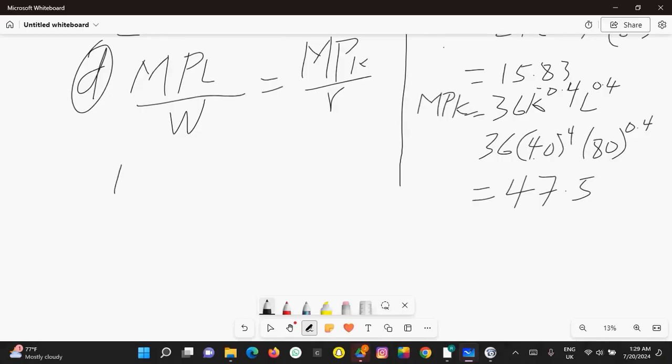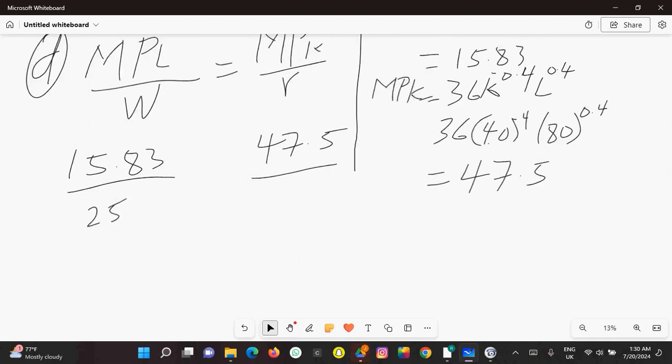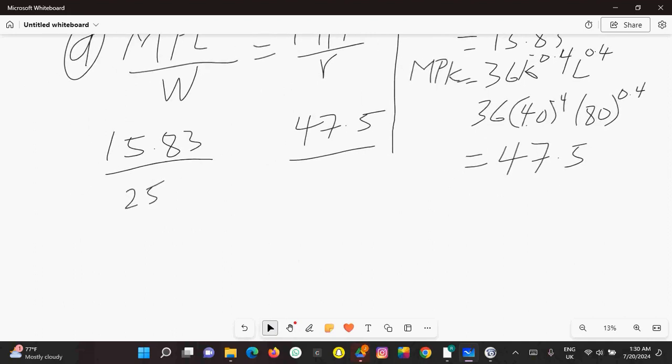MPL is 15. Our wage has gone up, so our wage is now what? 25. Now, MPK is 47.5. And then the rate of capital was, I think, 16 or so.